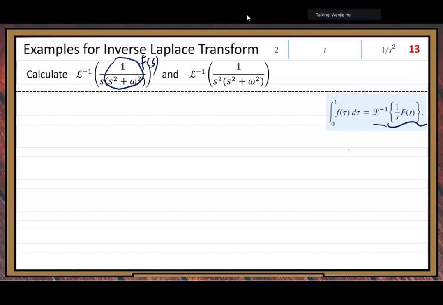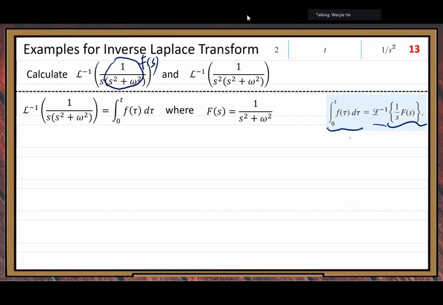Then we can apply the integral formula. Because we apply this formula, we identify the structure right there. So the capital F function should be this one.